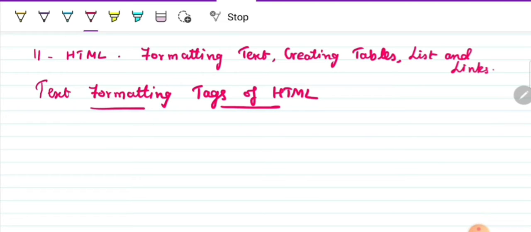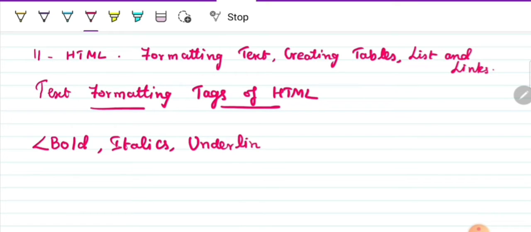In this, first we are going to see bold. Next we are going to see the tag for italic, and the next it is for underline. For bold, italic and underline, what are the tags that are used? That only we are going to see now.